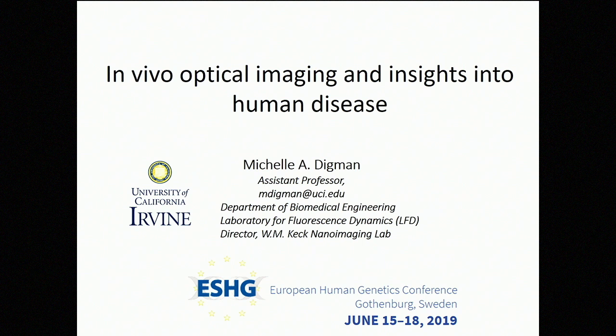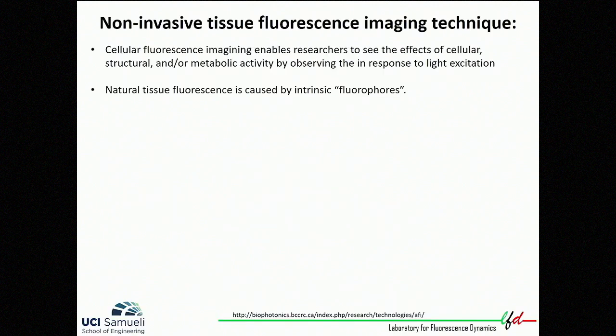And I would like to just emphasize that I'm going to show you two different applications in imaging and fluorescence in terms of human disease. So the goal here is to use non-invasive tissue fluorescence imaging techniques due to the fact that cells in themselves have intrinsic fluorescent signals.